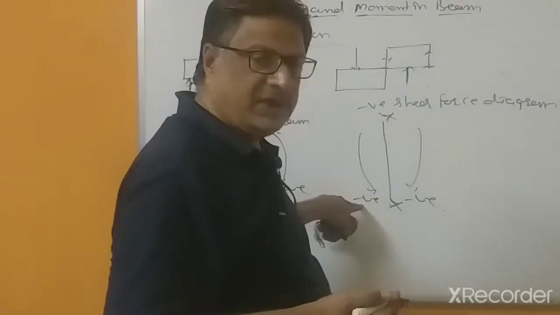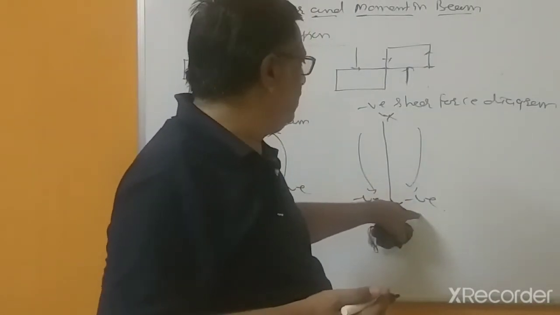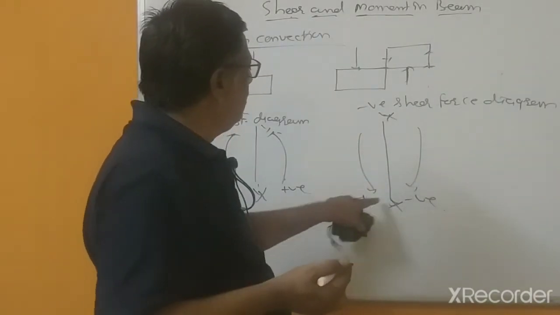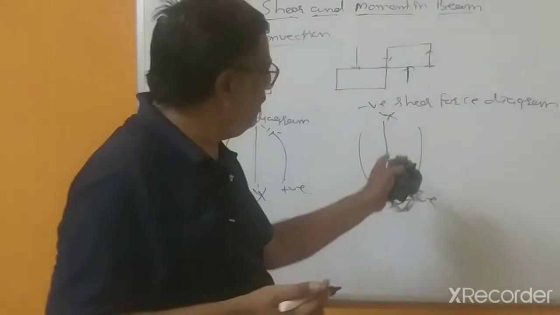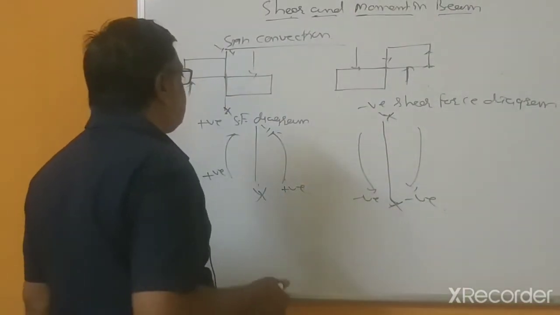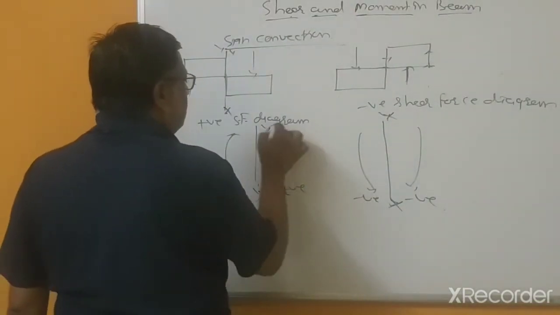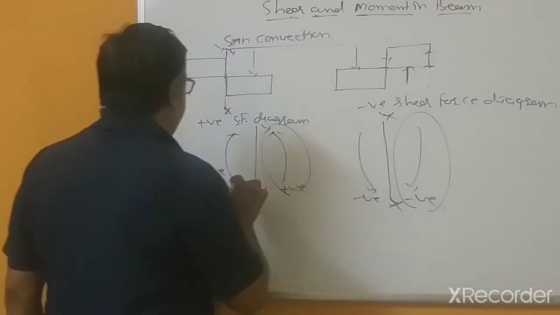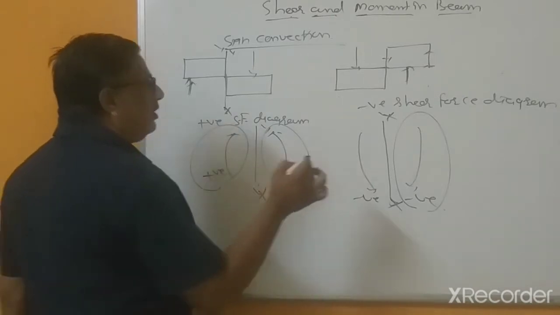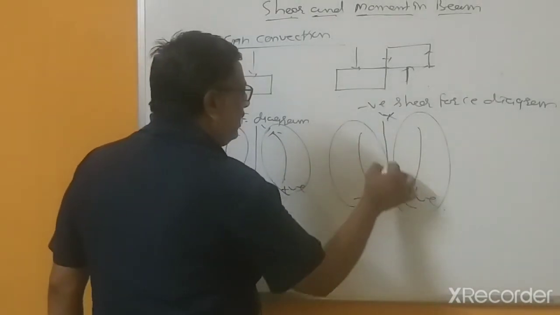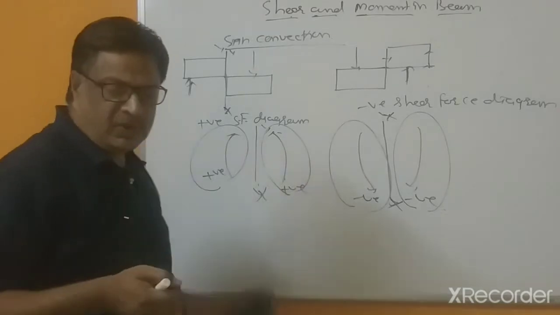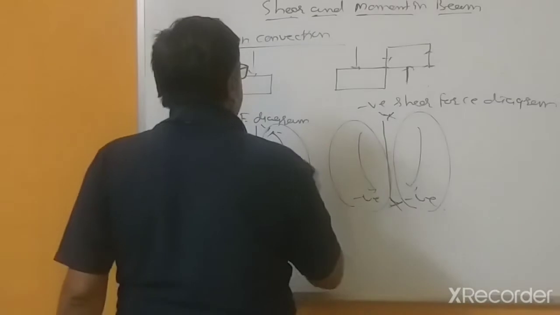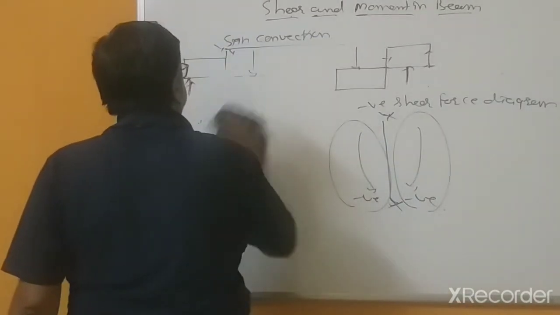Anti-clockwise on the left hand side is negative, and clockwise on the right hand side is negative. So try to understand this. Anti-clockwise on the right hand side is negative, clockwise on the left hand side is positive, and anti-clockwise on the left hand side is negative. So these are the sign conventions we consider while drawing the shear force diagram.